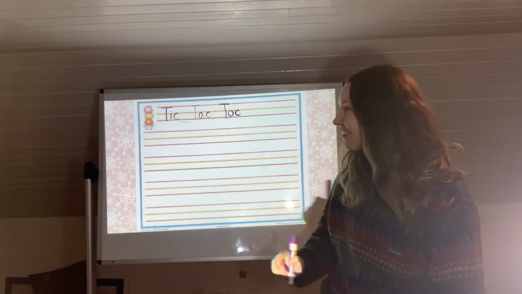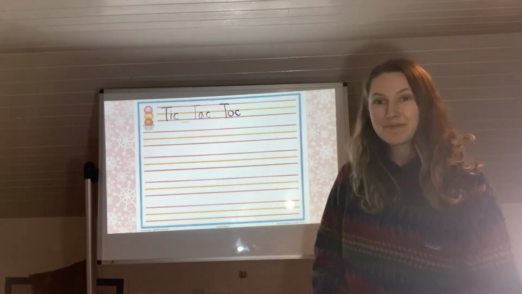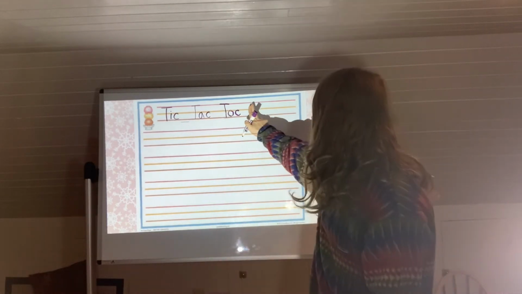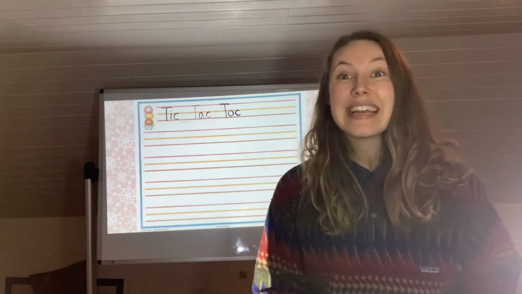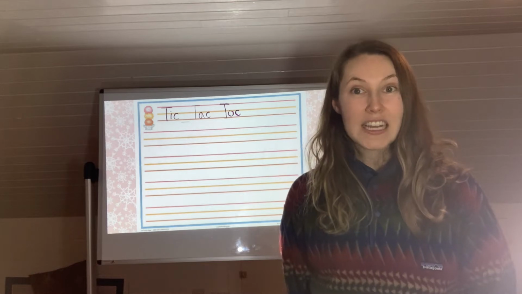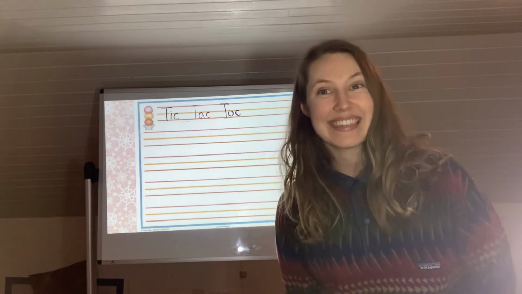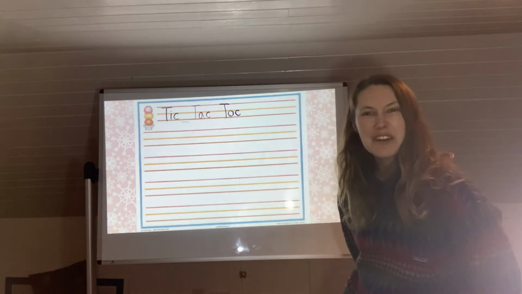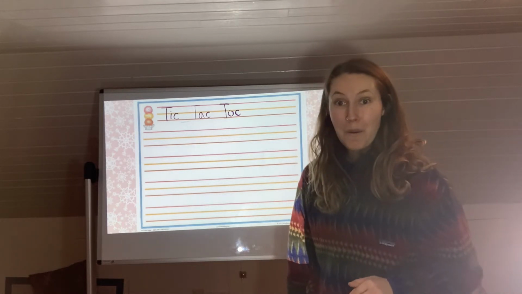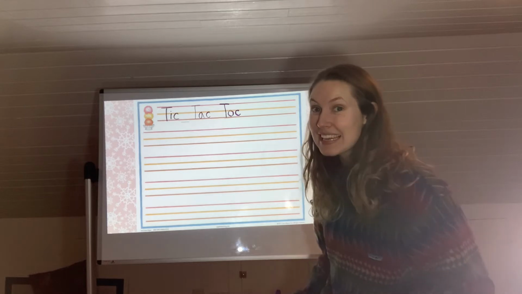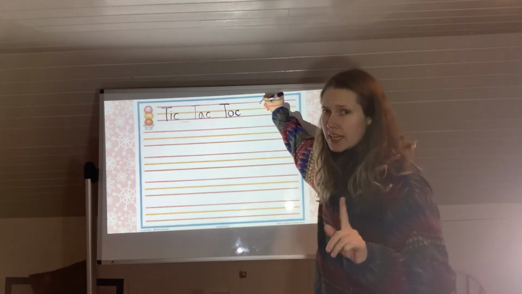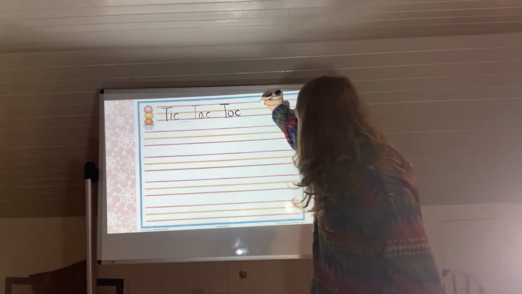Great job! We wrote Tick, Tack, and Talk. Now we have one more word we're going to write. So make your finger space, and your last word is tag. Tag. Tick, Tack, and Talk like to play tag. Tag. How do we write tag? Well, it has a very similar beginning sound, letter T. Now, this is not a name, so I'm going to use lowercase t.